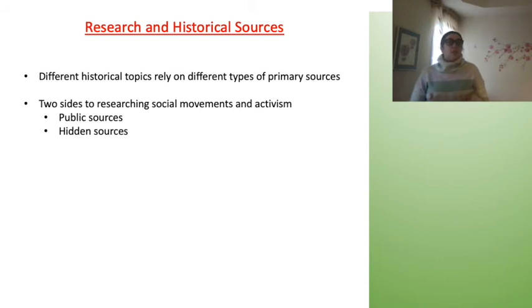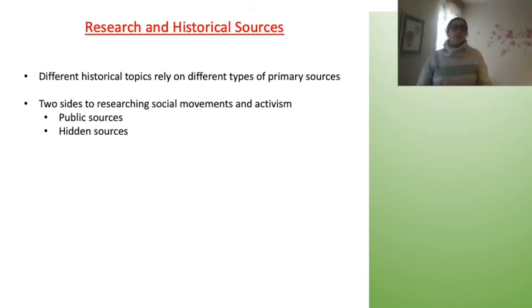So, this is important to think about when we're looking at social movements. There's a little bit of an interesting contradiction when it comes to researching activism and social movements. On the one hand, many of our primary sources are easily accessible. Remember, social movements create public records. They want to be heard and seen.